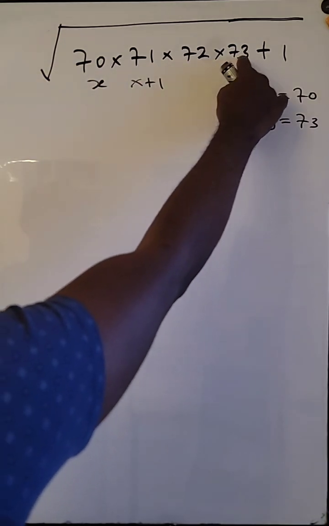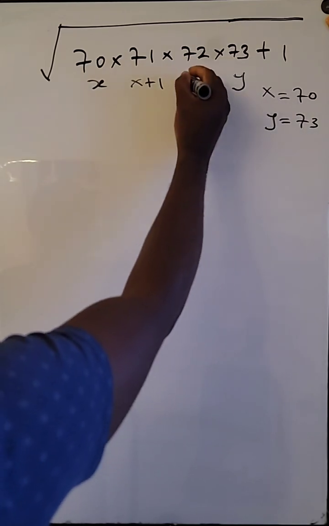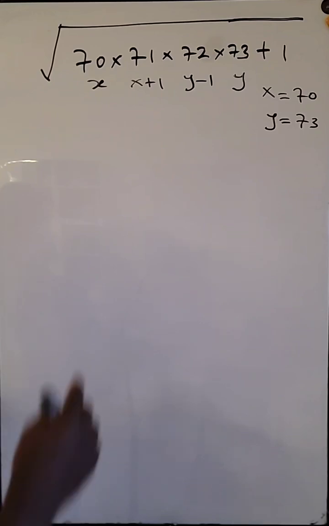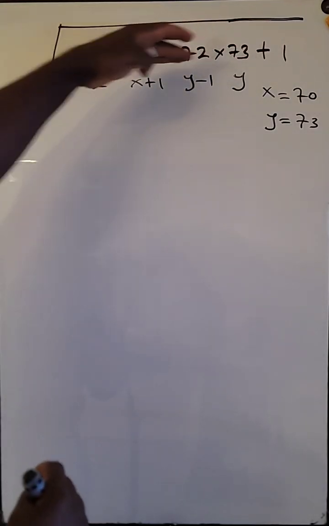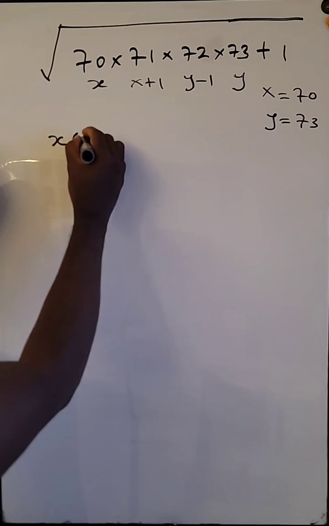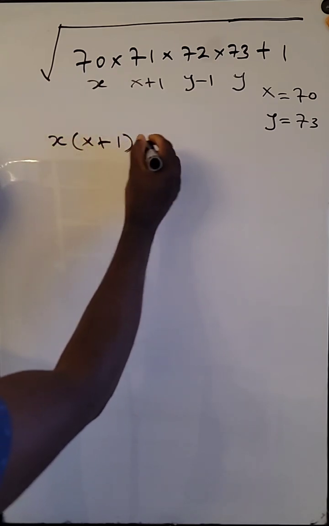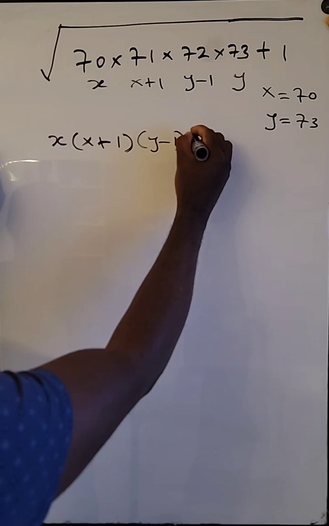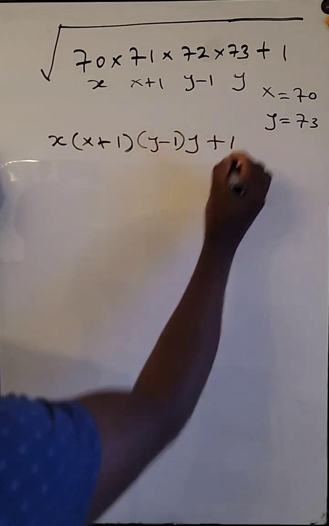Likewise, if 73 is y, then 72 can be called y minus 1. So the whole expression inside the square root can be written as x into x plus 1 multiplied by y minus 1 multiplied by y plus 1.